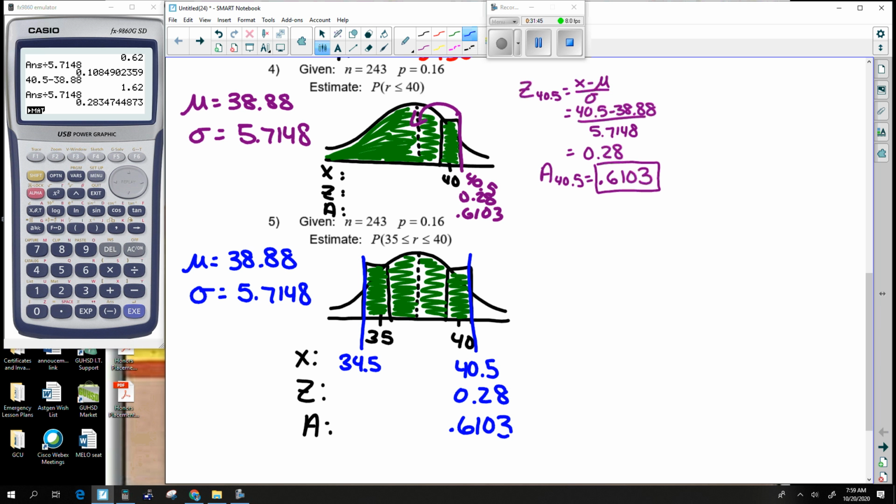Okay, so again, how you find the area between two things is you find both of the areas and then you subtract the small from the big. The only part of that equation that I don't have right now is the information about the area to the left of the 34.5. That's the only information that I don't have. So that's where I'm going to pick up this problem. I'm going to find the z of the 34.5.